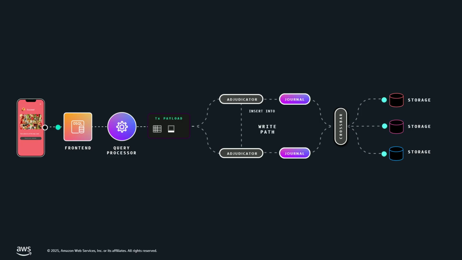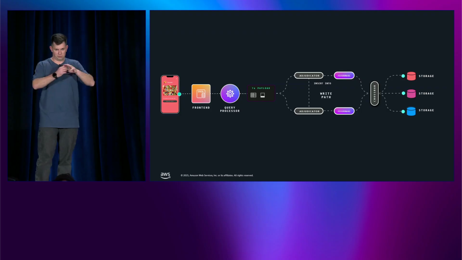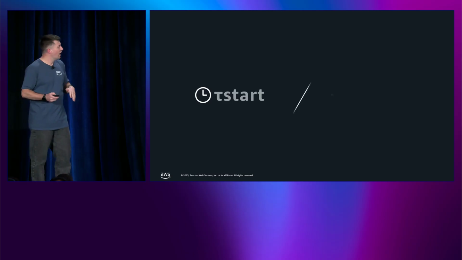The journal sends a success code back to the query processor, and crossbar at this moment begins to pull the data from the journal and route it to the storage. The query processor at this moment sends a success code back to you, to the user, and from your perspective, the transaction is successfully committed.